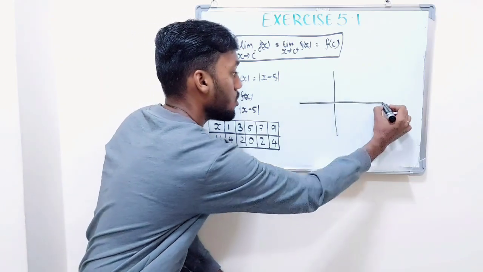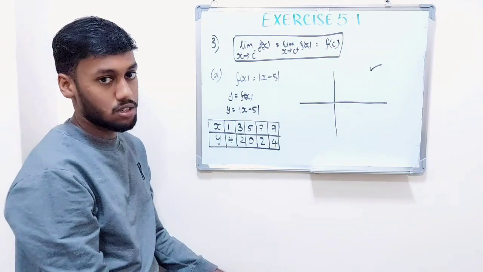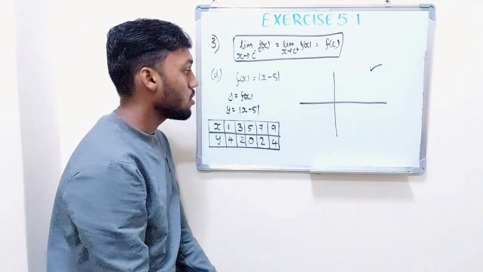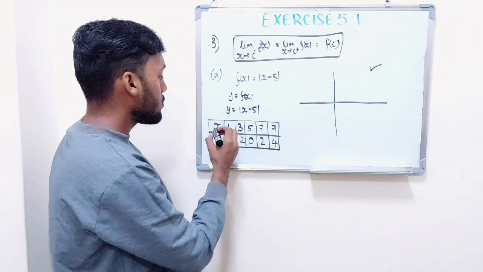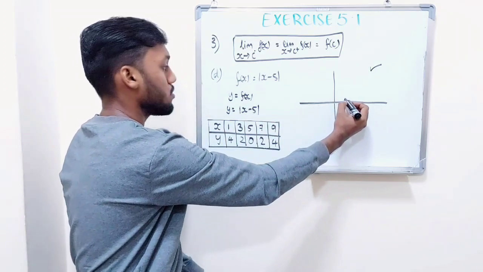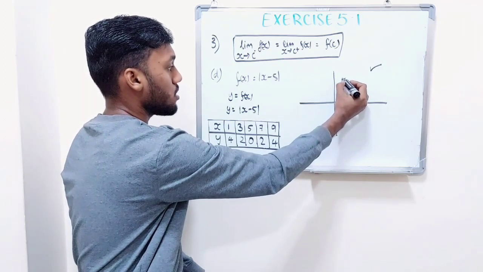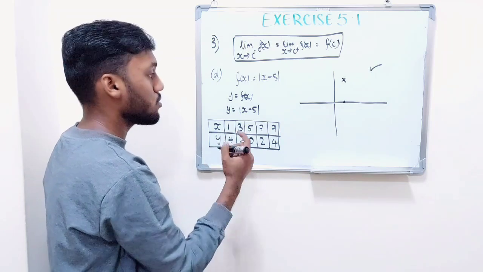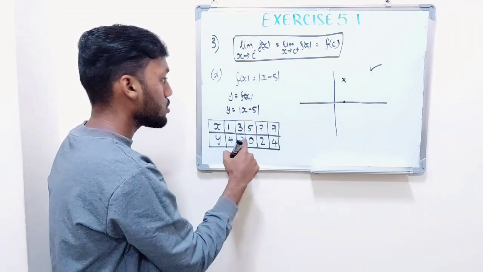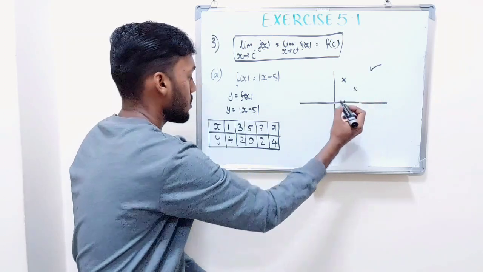So the graph will only be in the upper quadrant because y values are positive for absolute or modulus functions. So first, x is 1 and y is 4, so somewhere here. Then y is 2 and x is 3, it comes somewhere here.